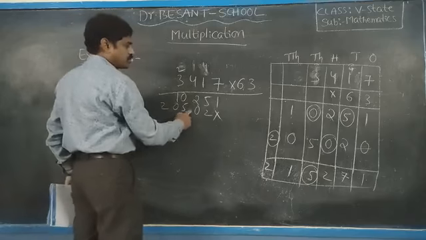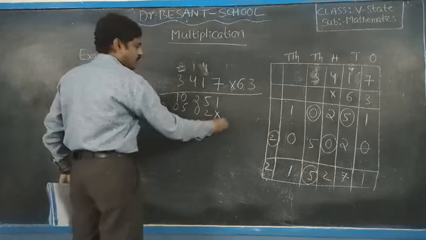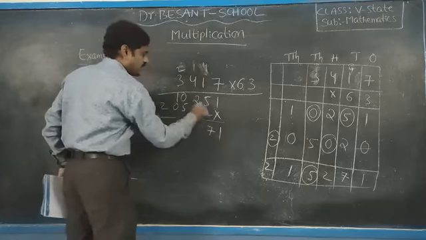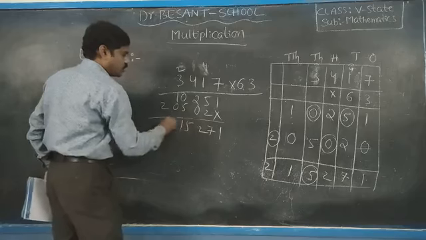So 2 0 5 0 2 0. Next, 1 5 plus 2, 7, 2 5 1 2.